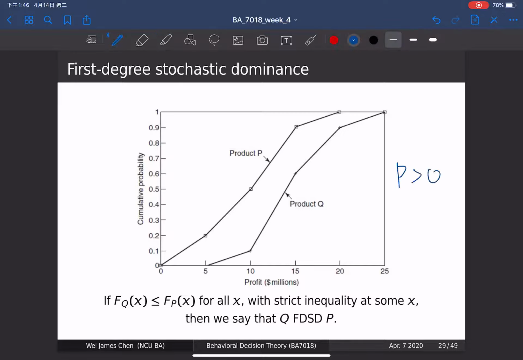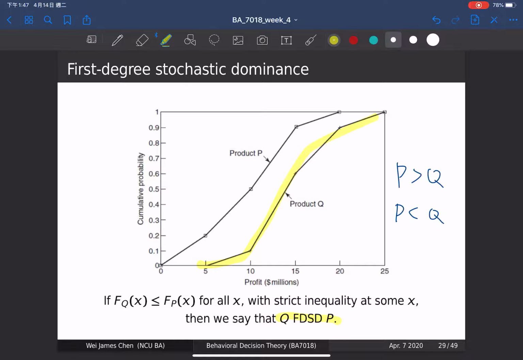Suppose the number you draw from P is called P, and the number you draw from distribution Q is called Q. Is P always greater than Q, or Q always greater than P? Yeah, Q is always greater than P. I guess the name here sort of gives it away. But the distribution is lower in this graph.